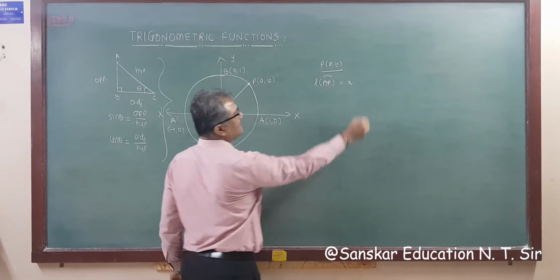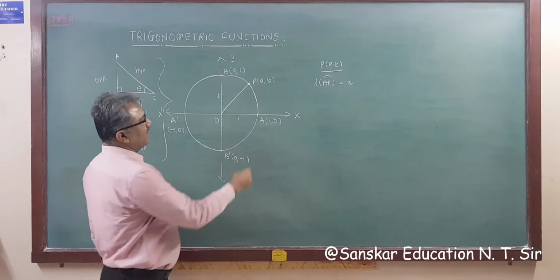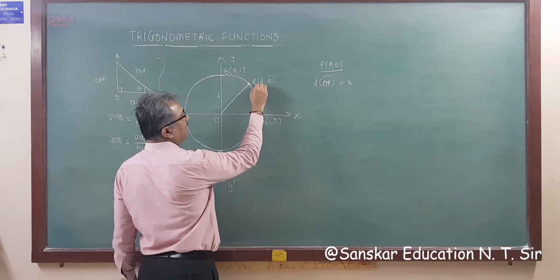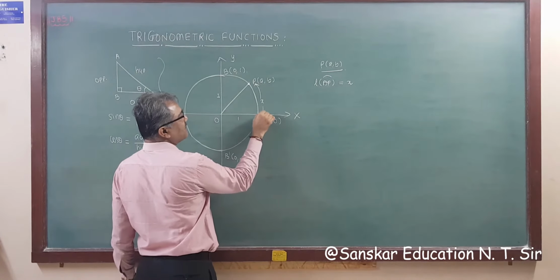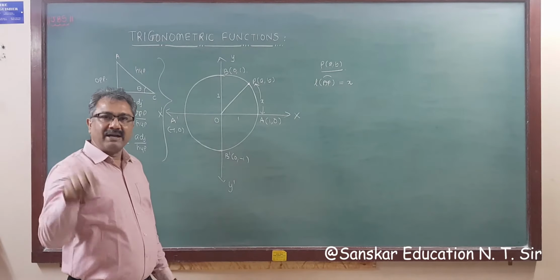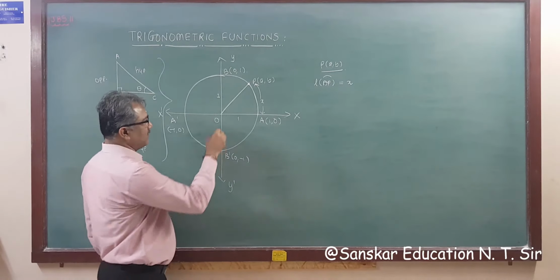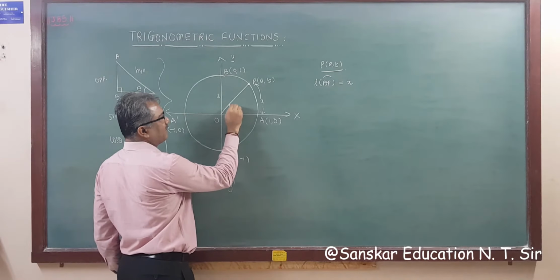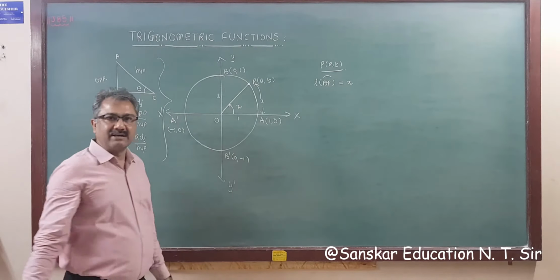So this is the length of arc AP, this length is x units. Then by the definition of radian measure, this angle is x.